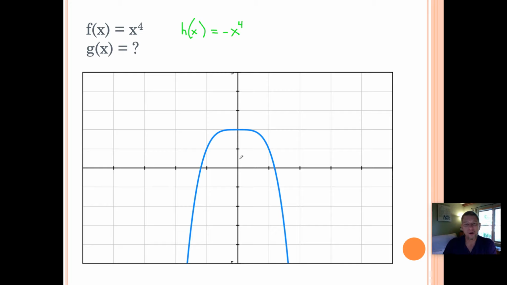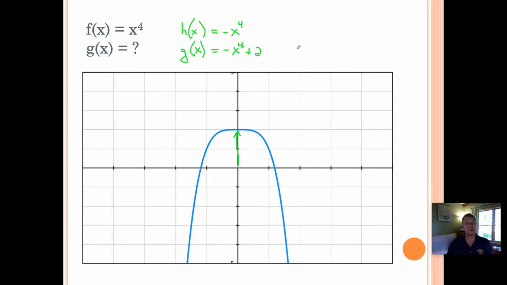But then I also moved it upward, so I translated it vertically up by 2 units. And so g of x, in this case, is going to equal negative x to the 4th plus 2.